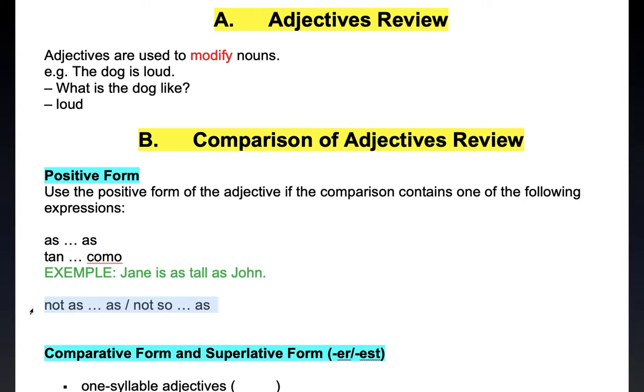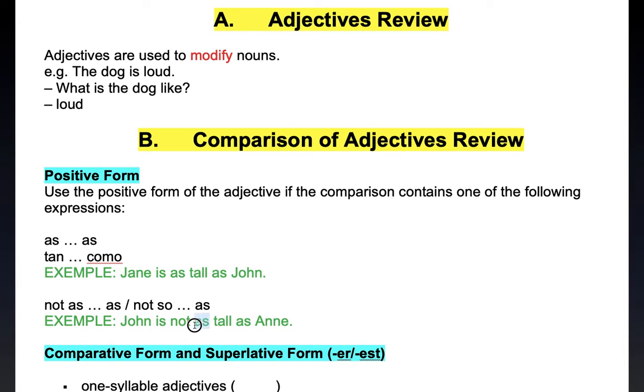And right here we have the negative form. For example, John is not as tall as Anne. John no es tan alto como Ana. Or you can say, is not so.